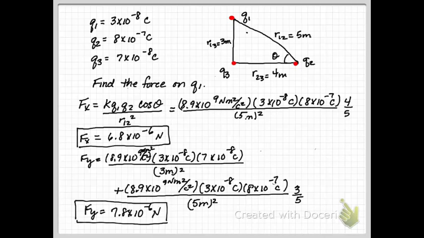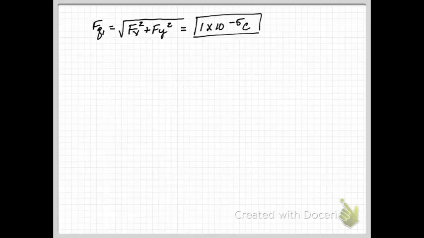Once again, we're dealing with trig, and you get an answer for Fy. That's not the end of the problem, though. You have to use Pythagorean theorem to put them all back together again, and you end up with your answer for what is the force on Q1.